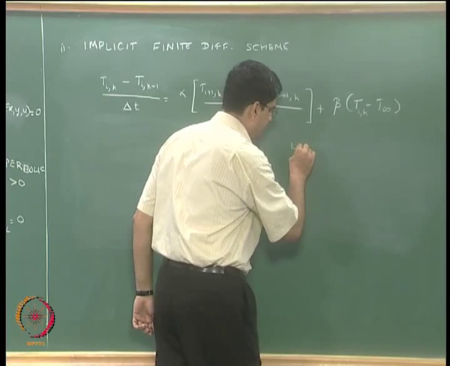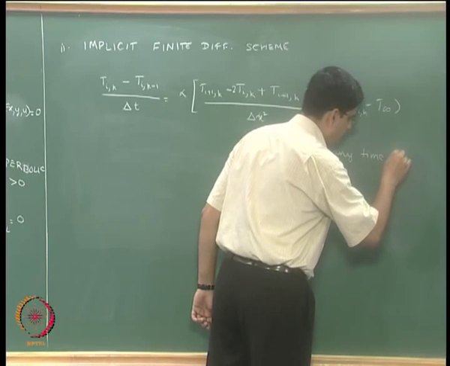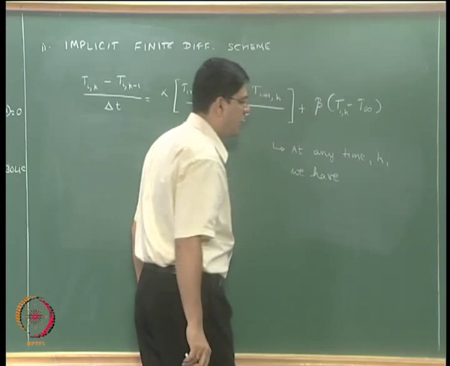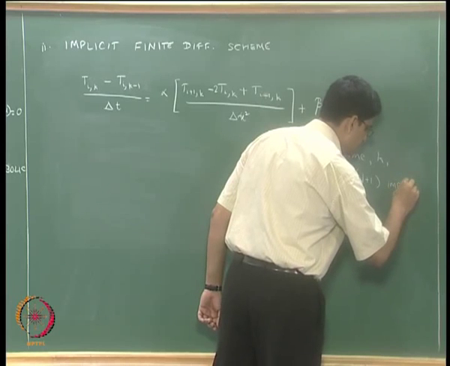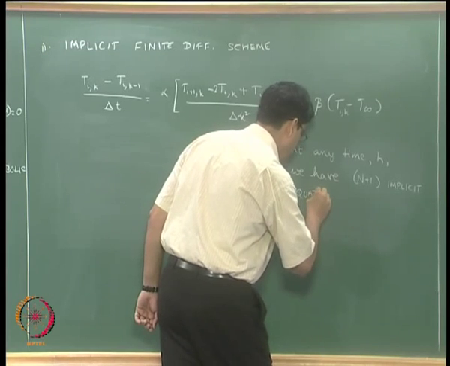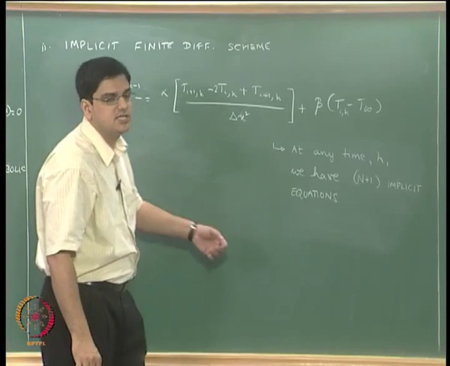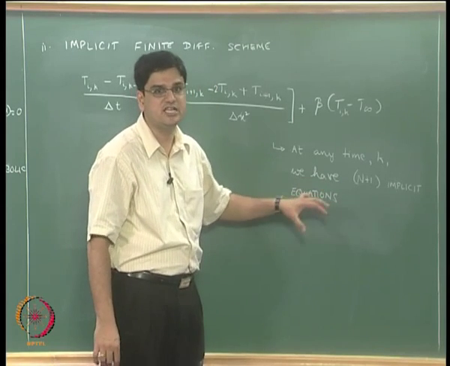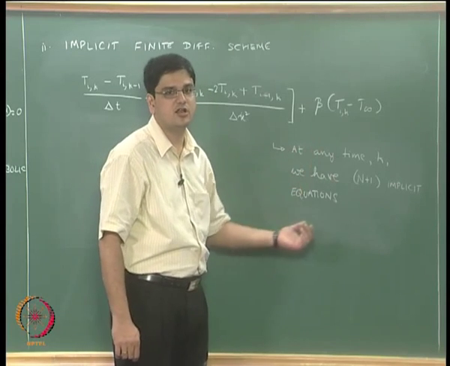So at any time k we have n plus 1 implicit equations, and these n plus 1 implicit equations can be solved either using a Gauss-Seidel method or Gauss elimination method if these are linear equations, or using a Newton-Raphson's or fixed point iteration method if they are non-linear equations.